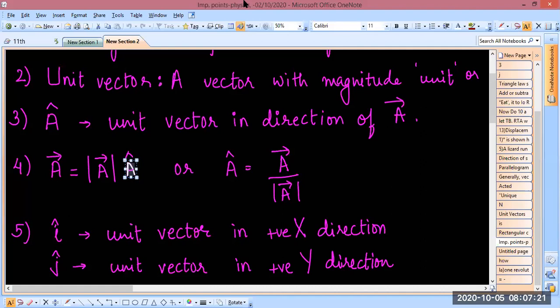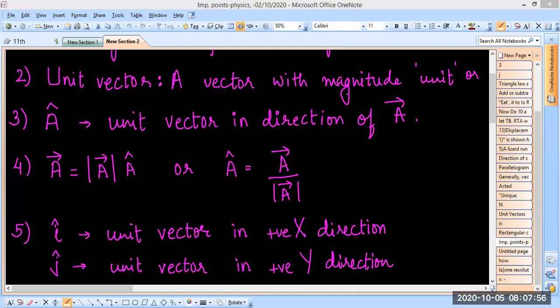And then we talked about special unit vectors. The two unit vectors are i caret and j caret. i caret is in the direction of the positive x axis, and j caret is in the direction of the positive y axis.